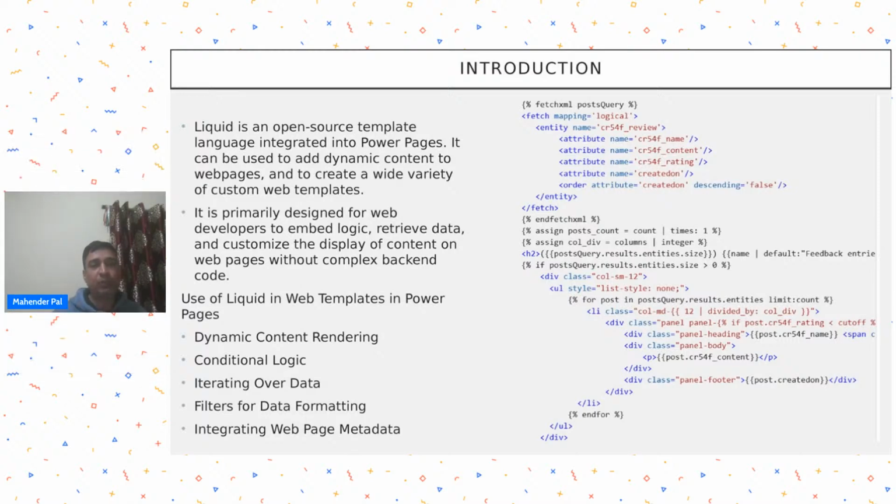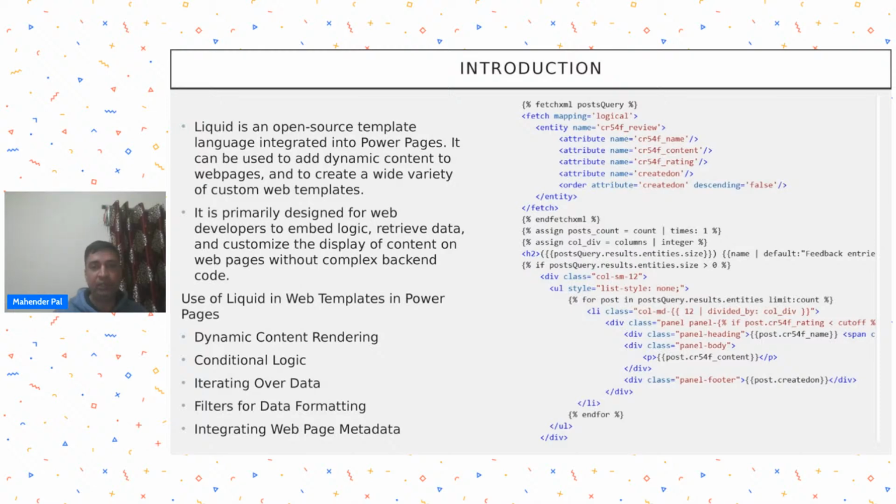Liquid is basically an open source template language which allows us to put dynamic content into our web pages. It can be related to the web page structure itself, or to an object coming from Dataverse. On the right-hand side you can see a typical example of a web template with some code. If you work with Dynamics 365 and are familiar with FetchXML, it will look similar to you.